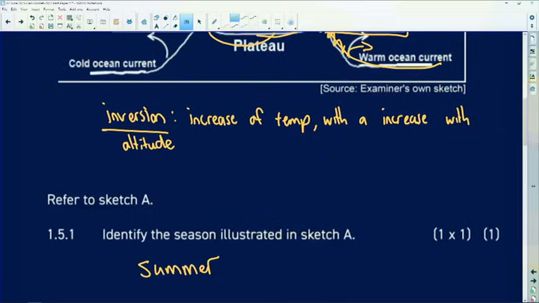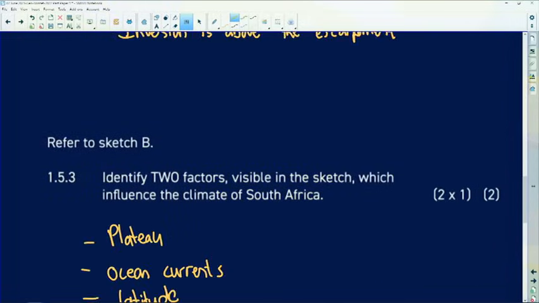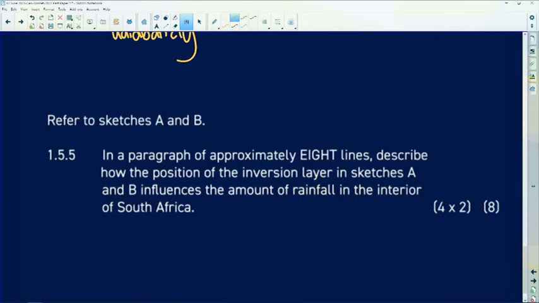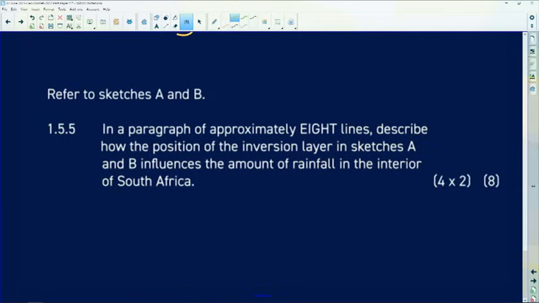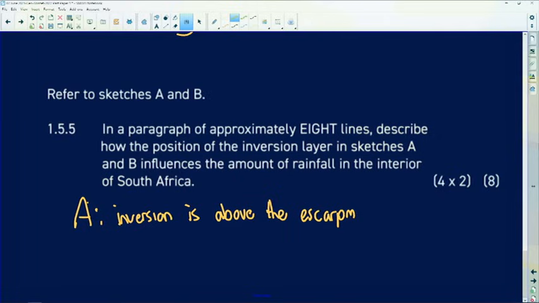Now, if we can summarize it quickly and answer the question: how the position of the inversion layer in sketch A and B influenced the amount of rainfall in South Africa. Let's look at sketch A. What can be mentioned? First of all, the inversion is above the escarpment, allowing moist air to reach the interior.